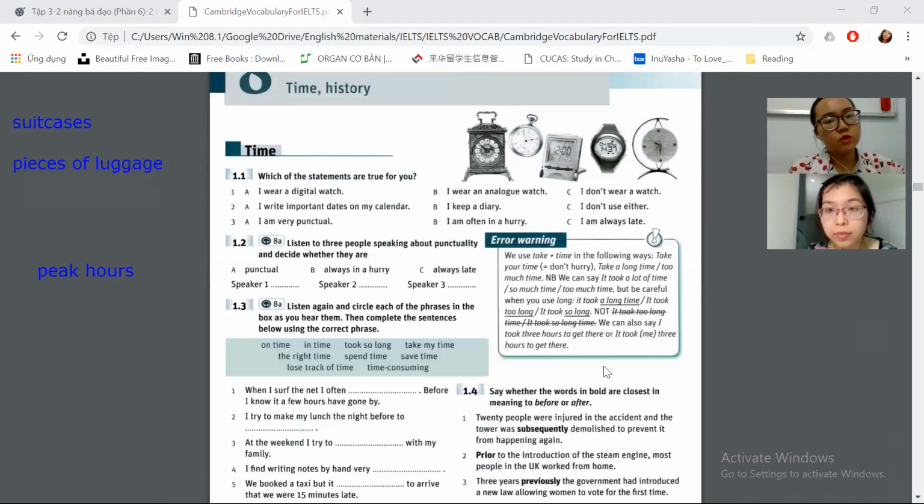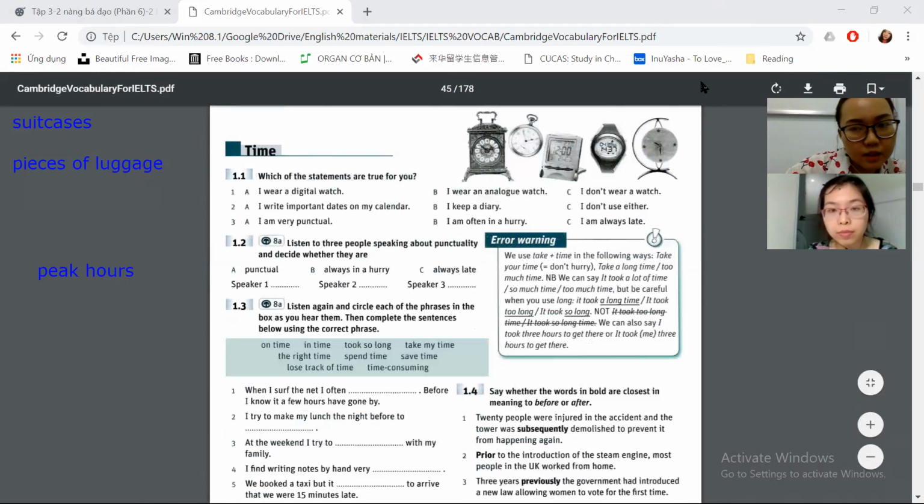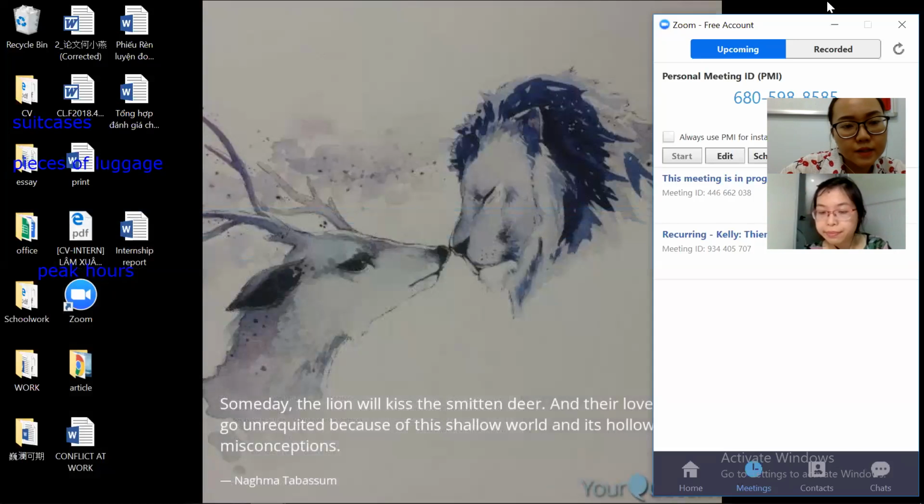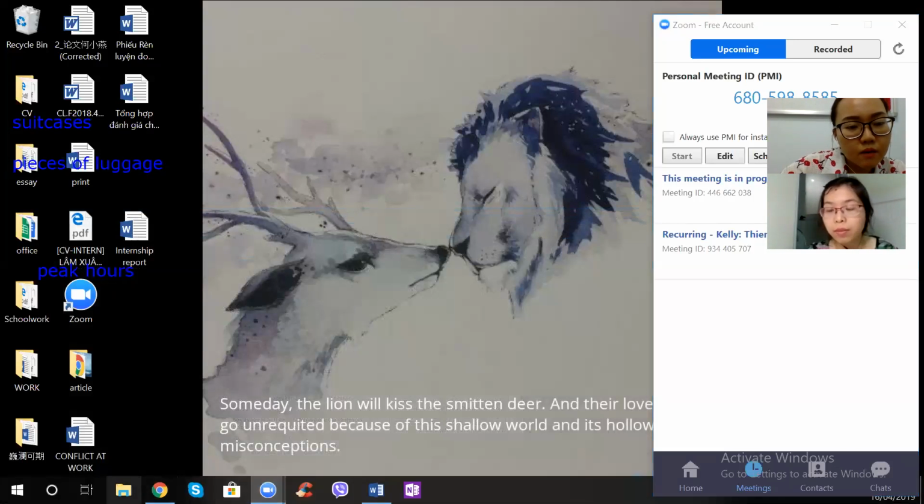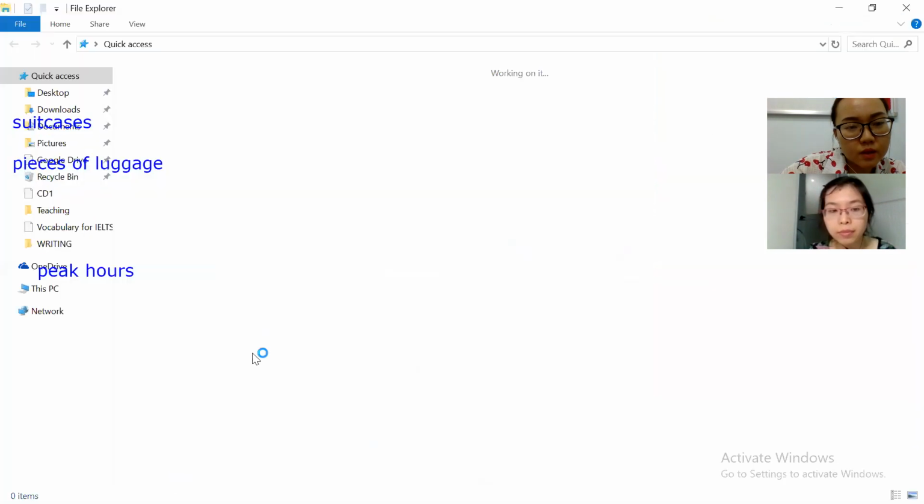Before we go into Unit 8, we will take a look at writing a little bit. So writing, we have writing task 2. Today we're going to take a look at writing task 2.